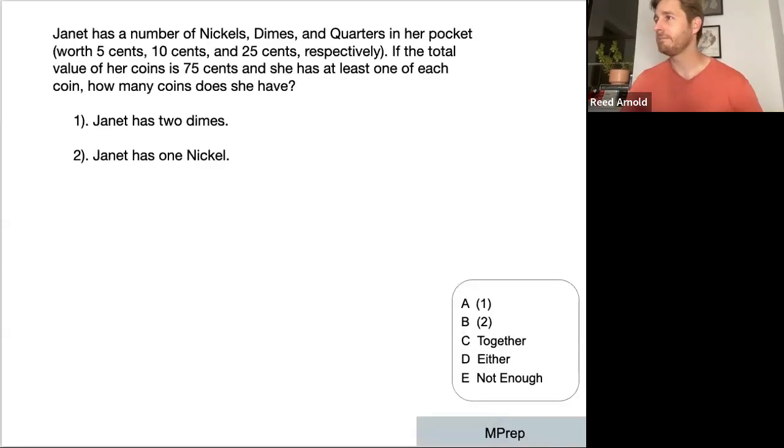Here's another one. Take a screenshot if you're here. If you're home, pause it and try it. I gotta make sure I got this one right. I want to make sure I haven't made a mistake. Yes, okay.